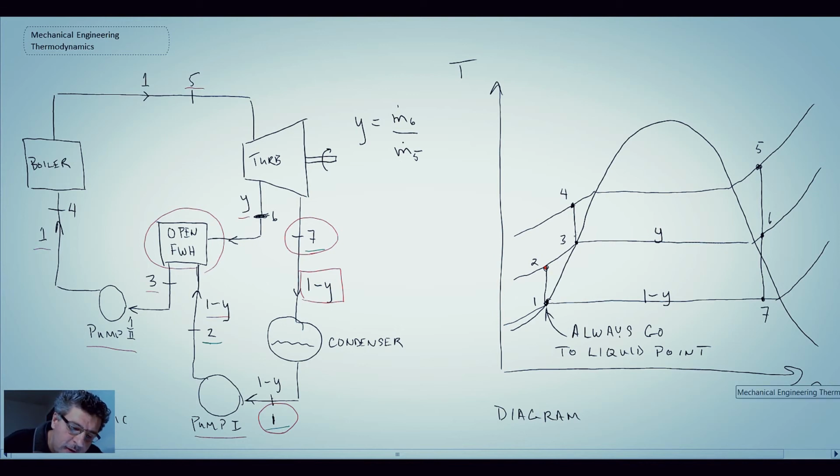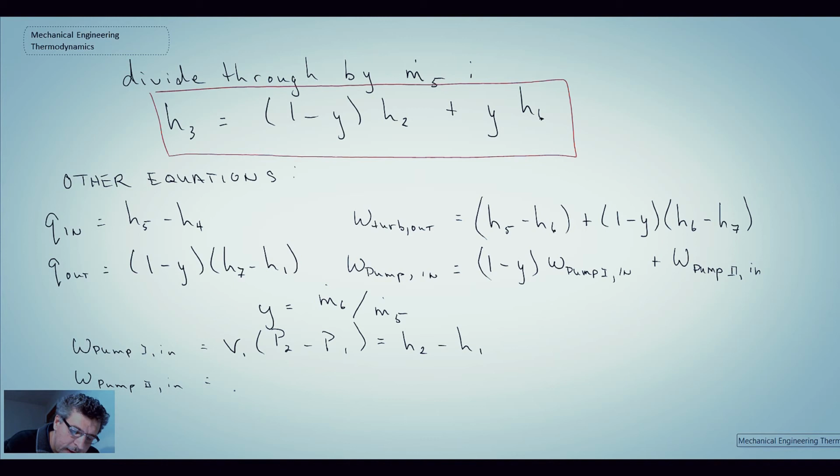Pump 2 is here, and we're going from state 3 up to state 4. So what we need to do is take the specific volume at state 3 in our steady flow work equation, and then it's the pressure change. And that would be equal to H4 minus H3.